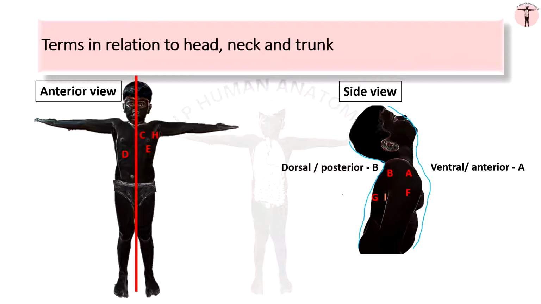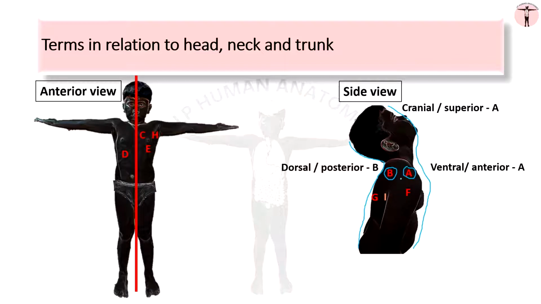Now for example, here you can see if the structure is present close to the anterior part, A is anterior in relation to the structure present posteriorly, that is B, close to the posterior part of the body.